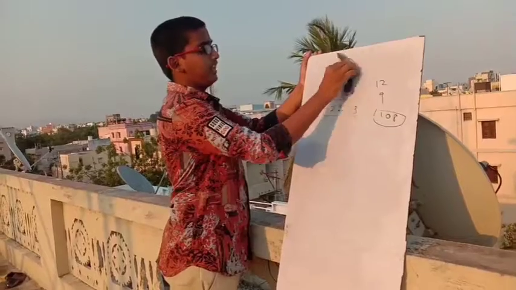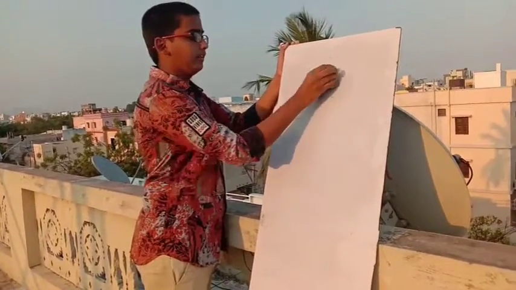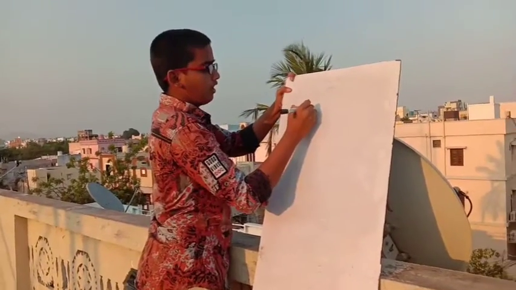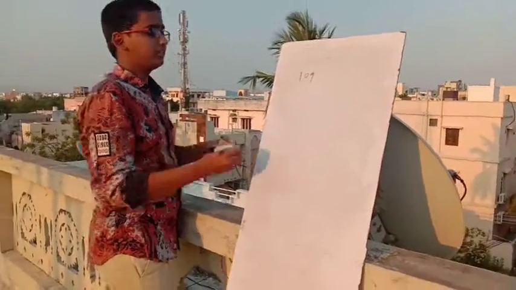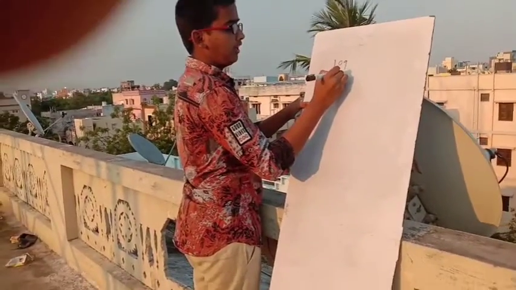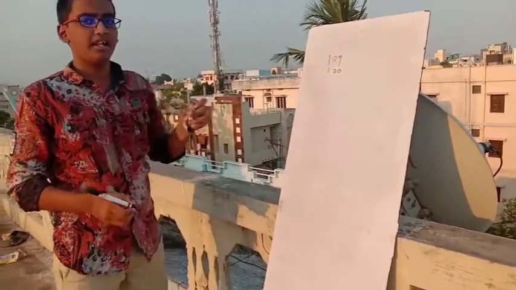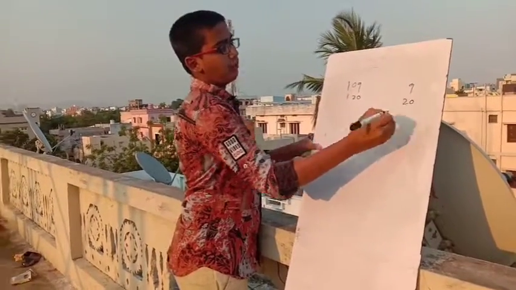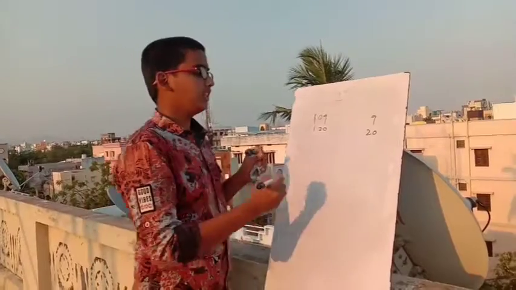Now we will see another example in which the multiplication of the two extra parts is more than 100. For example, 109 times 120. Here it is 9 more than 100 and it is 20 more than 100. The multiplication of these two numbers is 180.